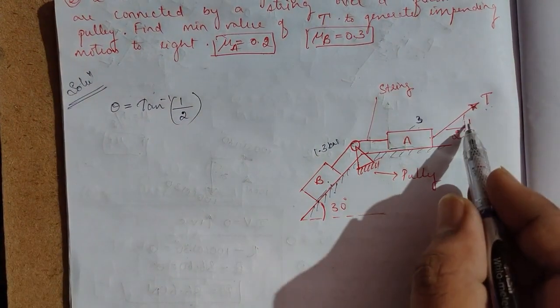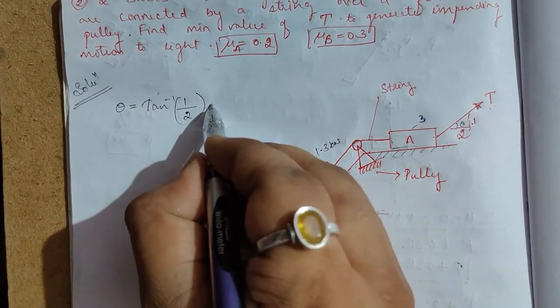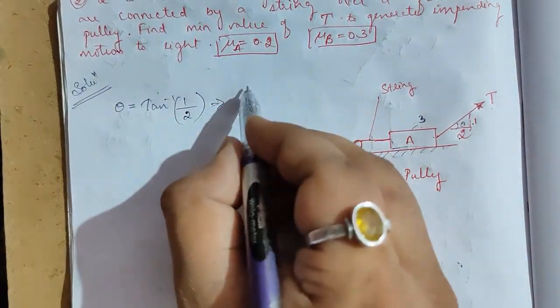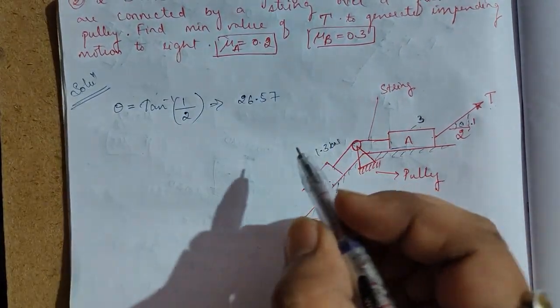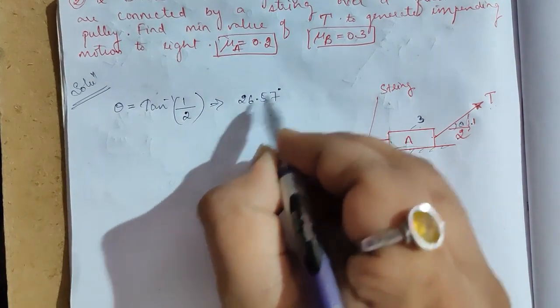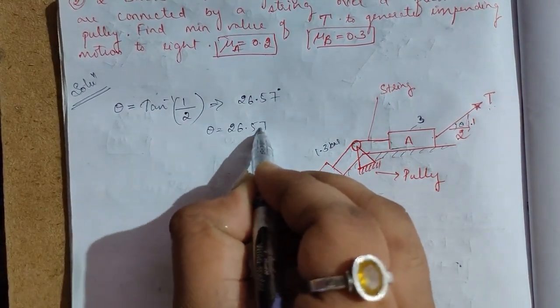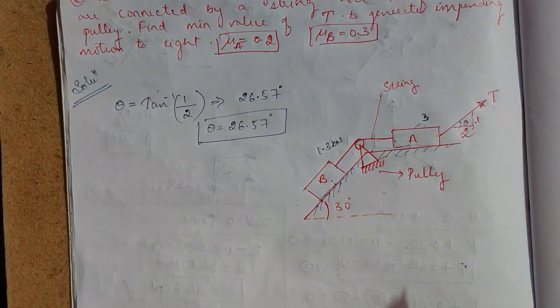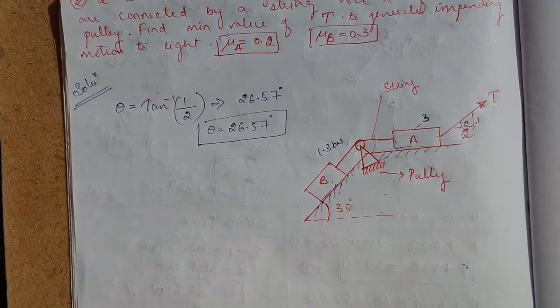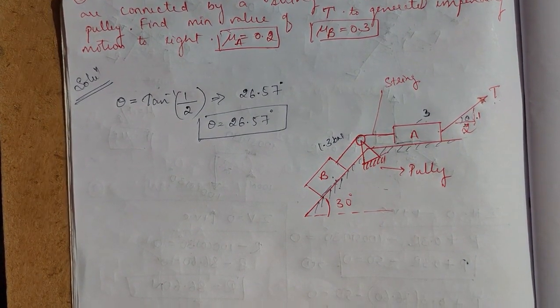Okay, opposite by adjacent, this is the value of theta. So what it will be? It will be 26.57 degree. So theta is equal to 26.57 degree. Whenever this type of slope is given, and the value of theta is to be found, we have to use tan theta, that is opposite by adjacent, right?